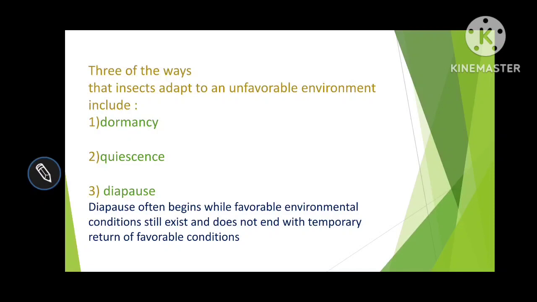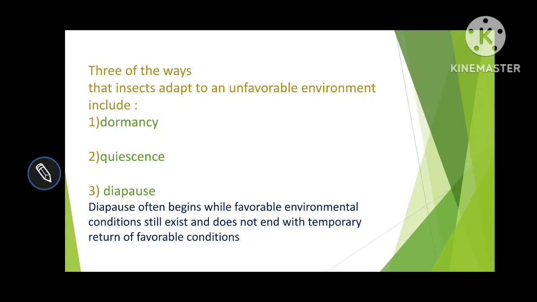What is quiescence? It is an immediate response of an insect, mainly in temperate and polar regions, to conditions such as a few days of unseasonably cold weather, by slowing down development and metabolism.